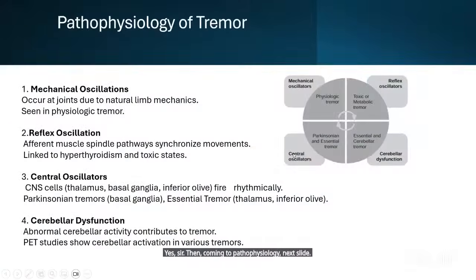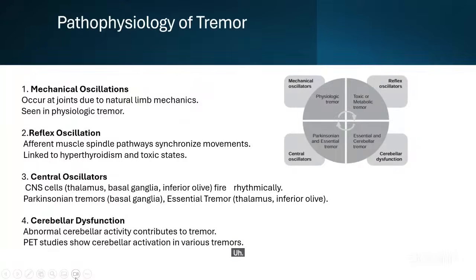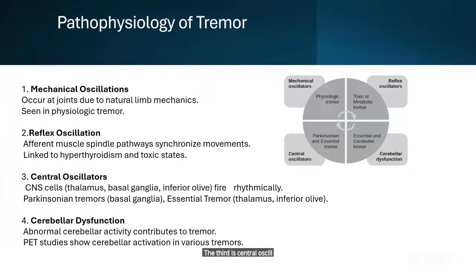So we can divide into mechanical oscillations, which are due to natural limb mechanism, seen in physiological tremors. Second is reflex oscillation, which is due to afferent muscle spindle pathways, seen in hyperthyroidism and toxic states. The third is central oscillators, like thalamus, basal ganglia, inferior olive.